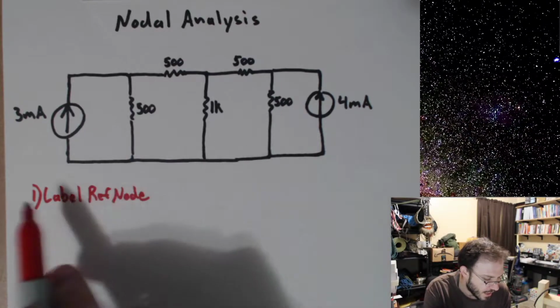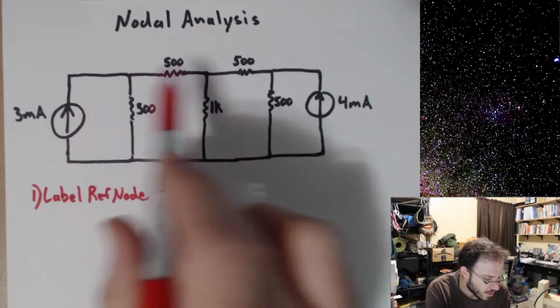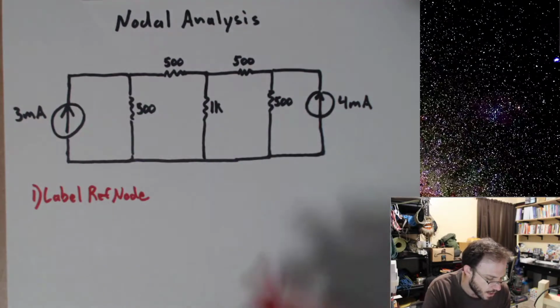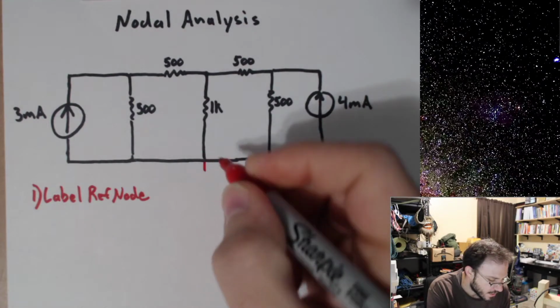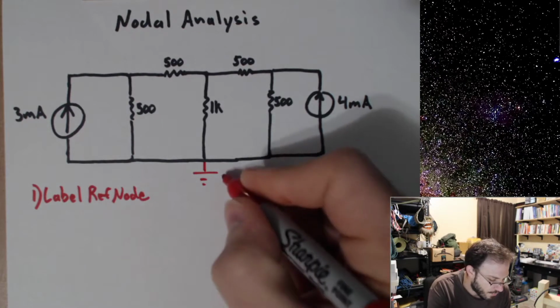On this circuit, I see a voltage drop there, a voltage drop there, and two current sources going up. You know what looks like a great place to me? Right here. I'm going to label this as my reference node.